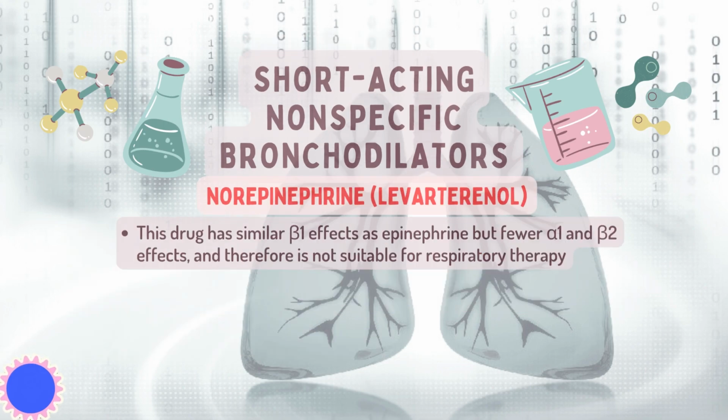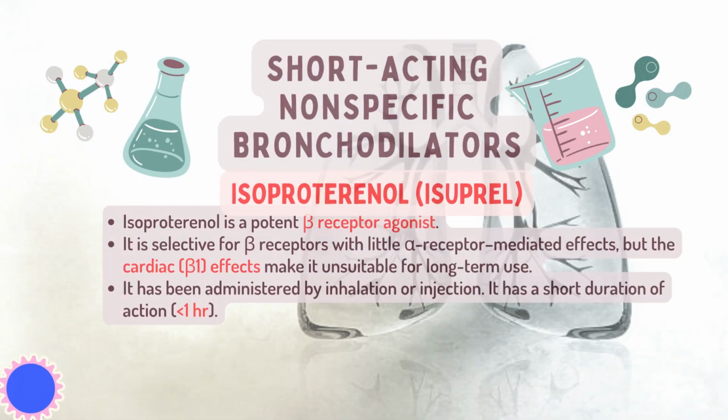For norepinephrine, this drug has similar beta-1 effects as epinephrine, but fewer alpha-1 and beta-2 effects, and therefore is not suitable for respiratory therapy. For isoproterenol, or Isuprel, isoproterenol is a potent beta receptor agonist.